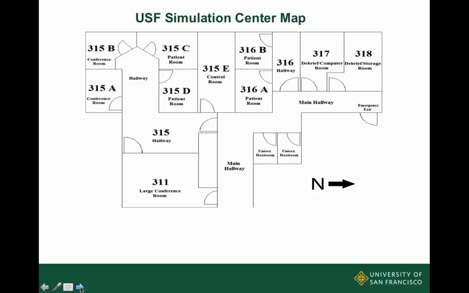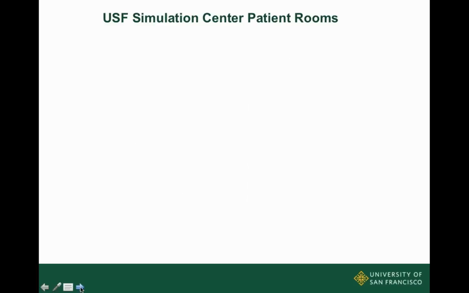I'd like to invite your attention to the layout of USF's simulation lab center. And like Katie had mentioned with regards to the standardized patient and participant, we're interchanging simulation center as well as simulation lab here.